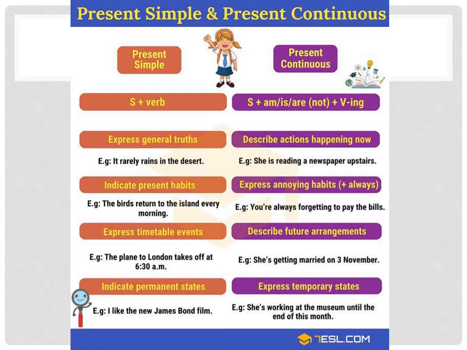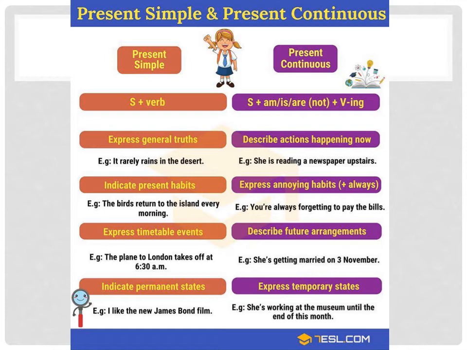Now we move to present continuous. Let's see the purple side. S plus am, is, are plus verb-ing. So when you are talking about present continuous, we are talking about the subject, and you put am, is, are, and the verb we put ing. For example, I am walking. So when you put am, you have to put ing on the verb.